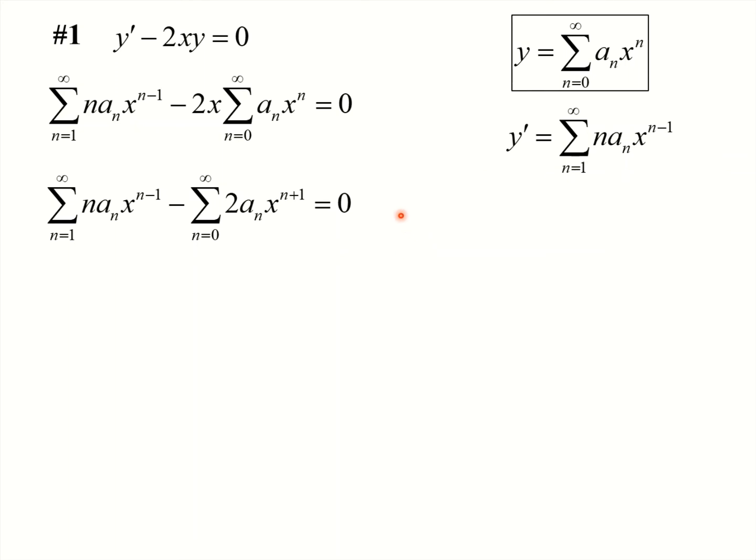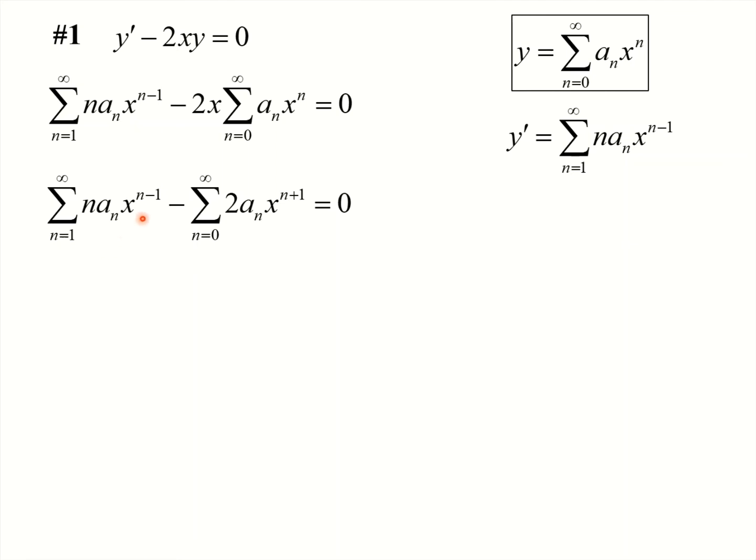Now my next goal is to look at these, and I'll do this with every single problem. I want this to say x^n, and I would like this to say x^n as well, but they say different things. So in order for this to say x^n, I have to re-index. Some of you might remember re-indexing your summation.